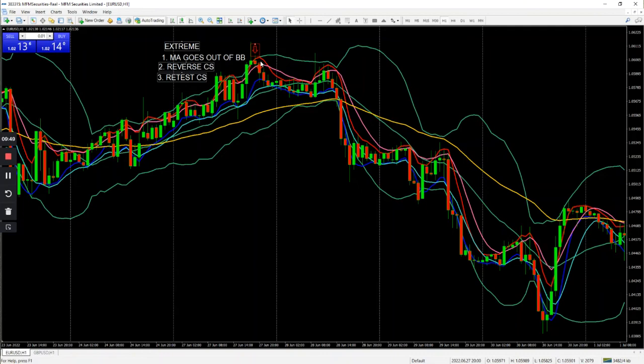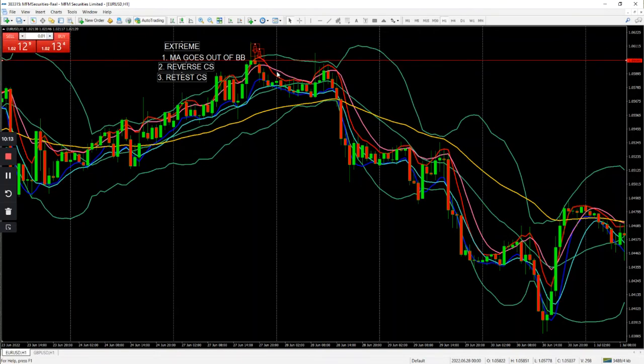This is the retest candle. When the reverse arrow has completed, just mark the highest volume that inspired the extreme.